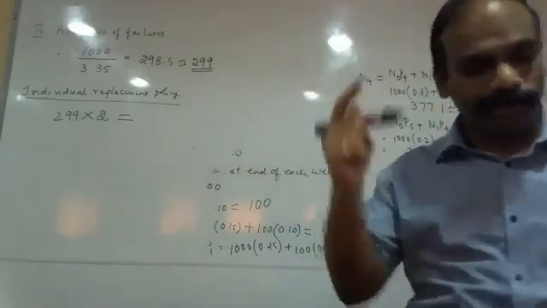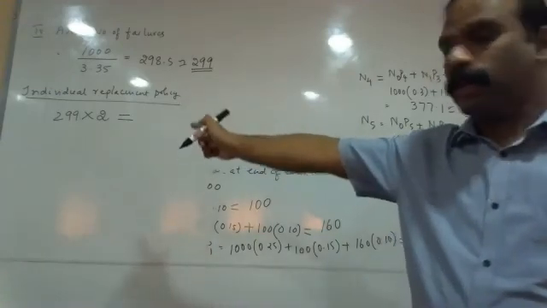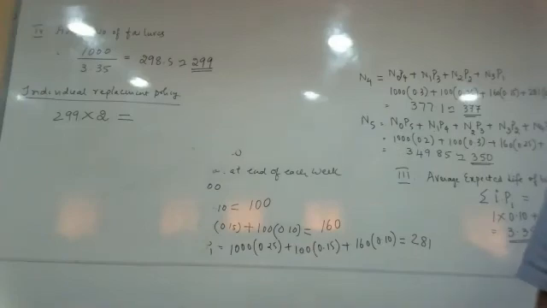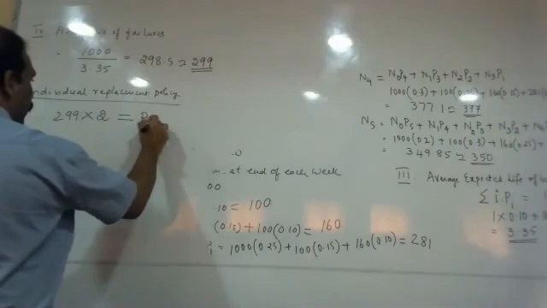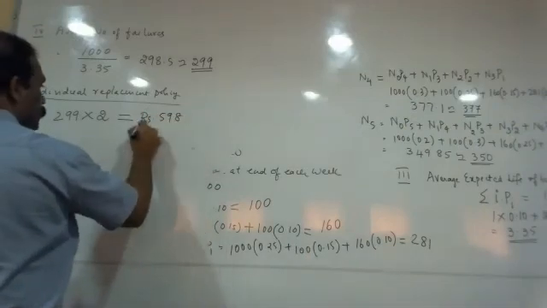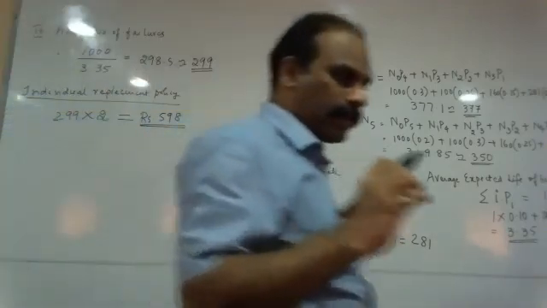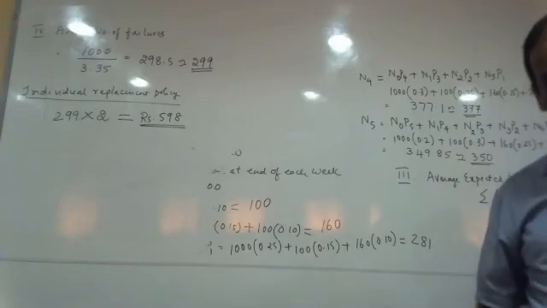So if I am going for individual replacement policy, the cost the company has to incur is 299 into 2. What is 299 into 2? 598. So this is the first conclusion. If the company takes a call to go for individual replacement policy, then the cost incurred by the company will be 598 rupees.